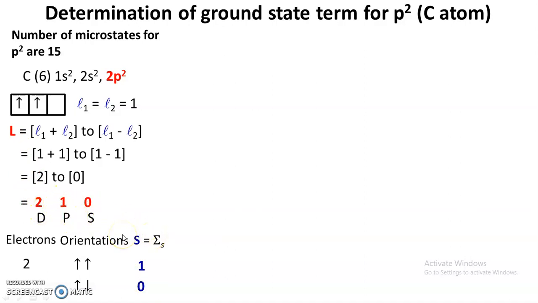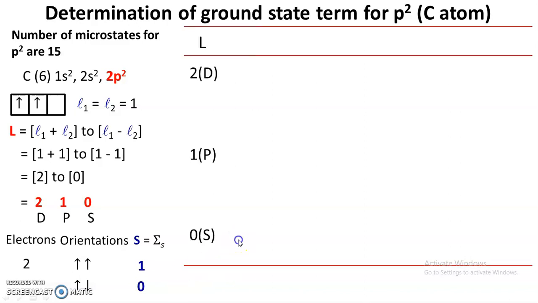Now the most important thing is that each of the L values, that is 0, 1, 2, couples with the S values, that is 0 and 1, and we get several possible terms, and out of these various possible terms only a few are allowed, which we are going to find out.